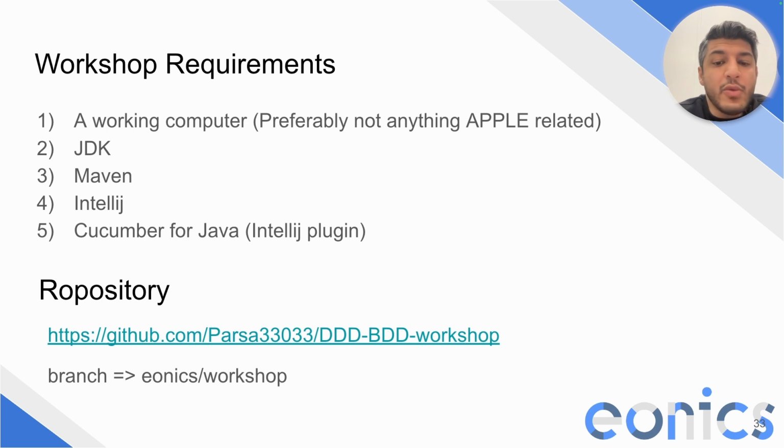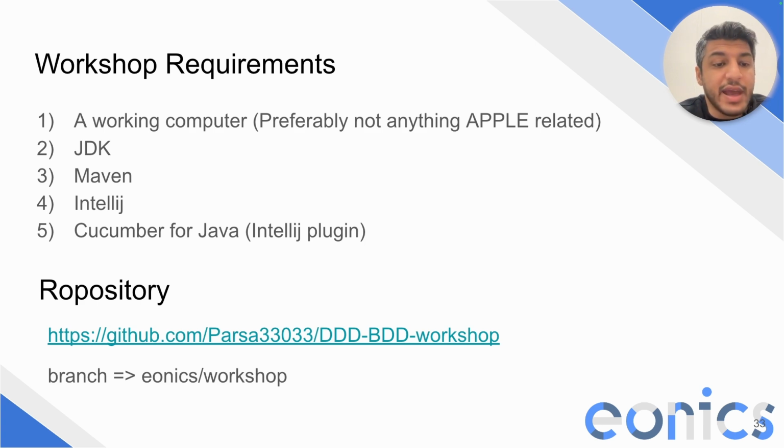There is a workshop that you can access using this link, and the branch is also there. In the workshop, it is explained what to do. What you need is a working computer. You need JDK, Maven, IntelliJ, and the Cucumber for Java IntelliJ plugin.